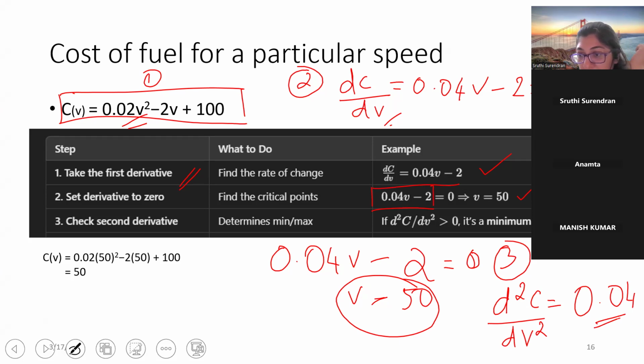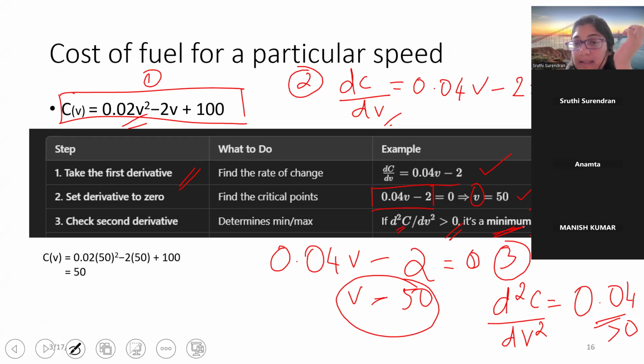Now this 0.04 is a value that is greater than 0. If it is greater than 0, then it means that this is a minimum. So it is saying that at the speed of 50 kilometers per hour, whatever C value we are going to get is a minimum value.